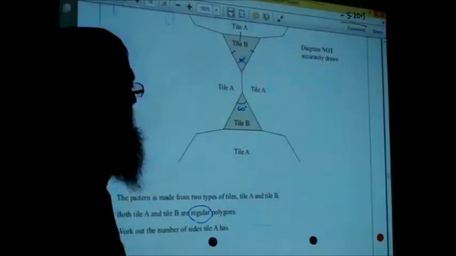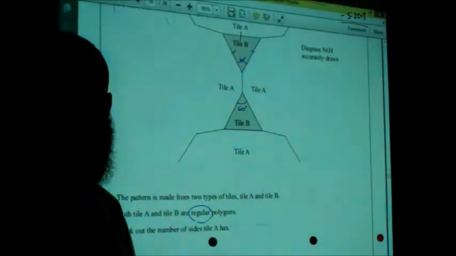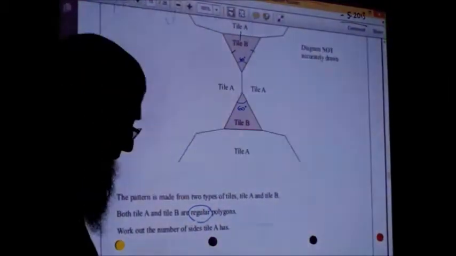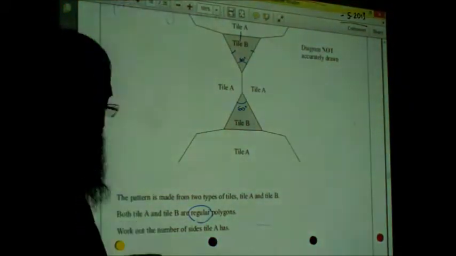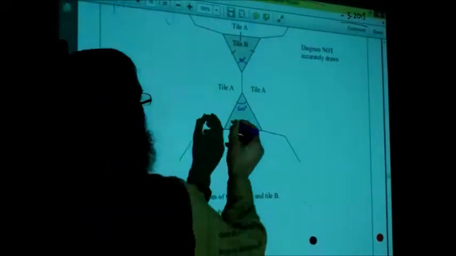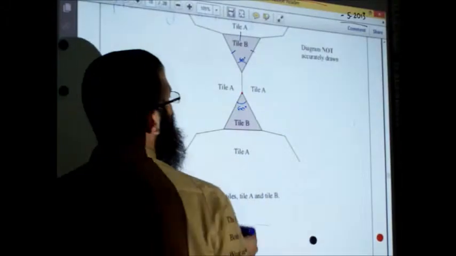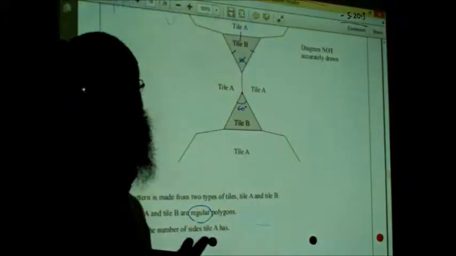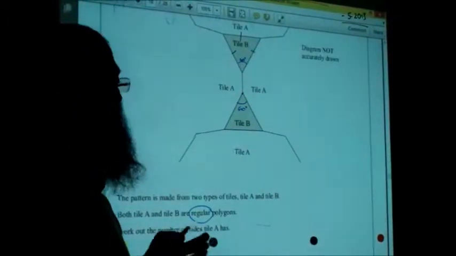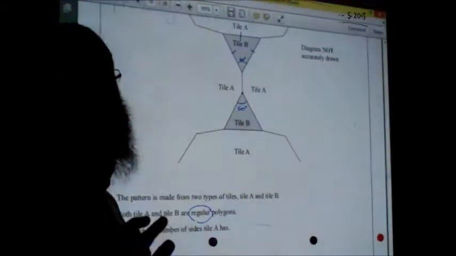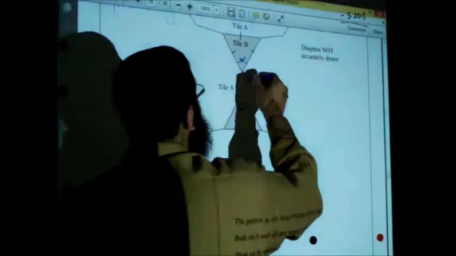Okay. What we're going to do now is look at one point here where everything joins together. In order for us to get a pattern working, everything has to join together without having any gaps. So what do we know?